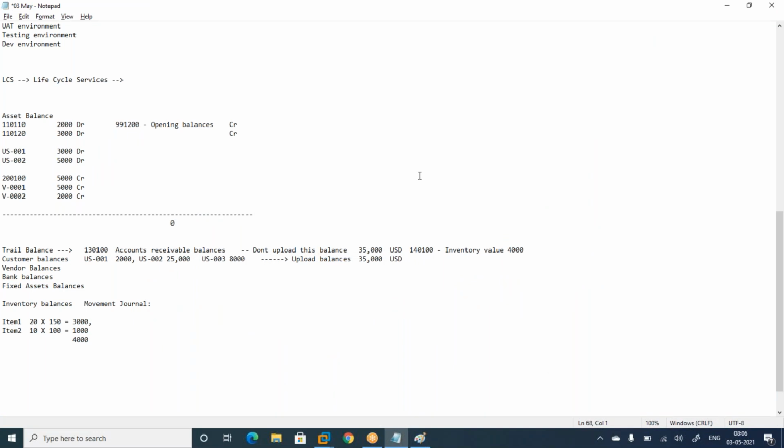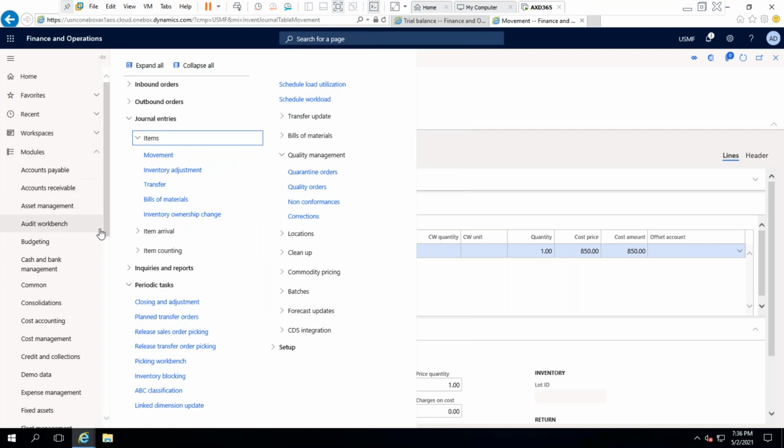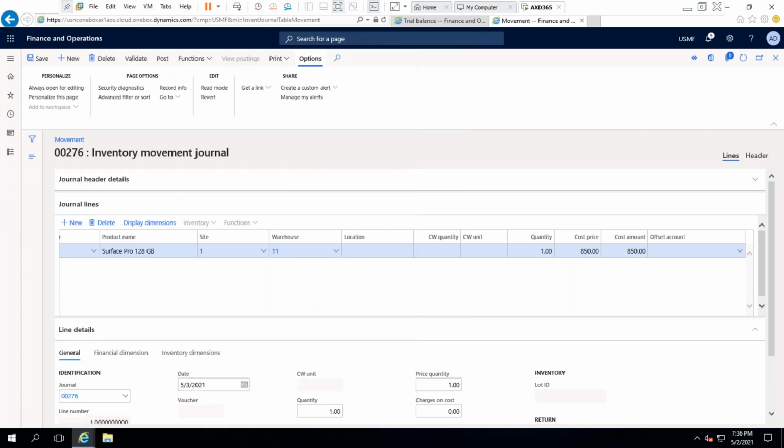Okay, fine. Ashok, it is clearly telling that the quantity cannot be picked. Whether you have attended or not, whenever you are creating a sales order, I have shown this in the very first session.